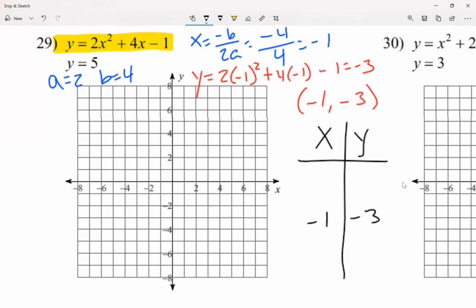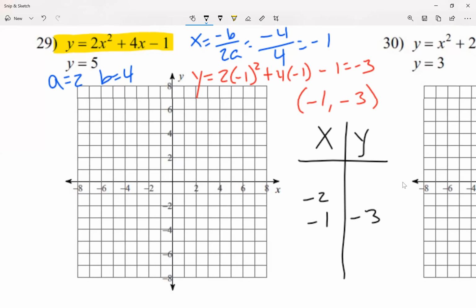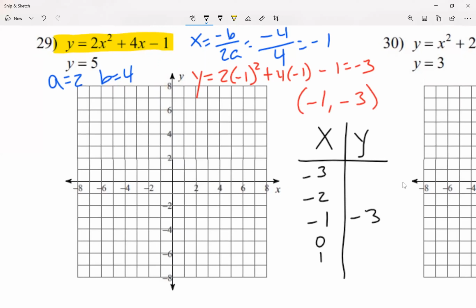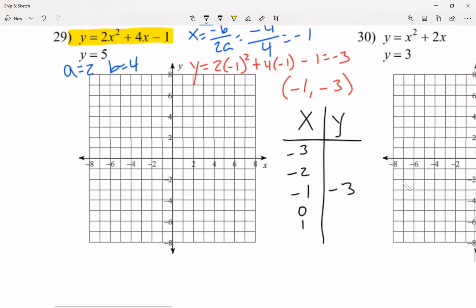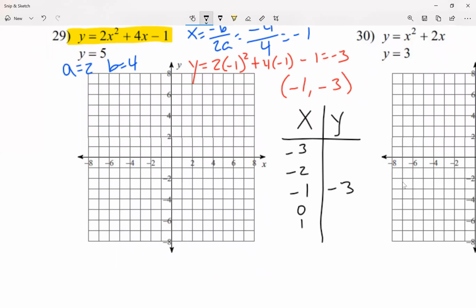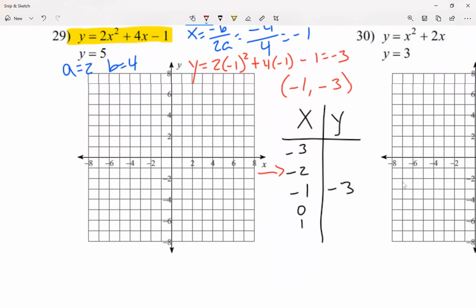Let me choose two values smaller than -1, so let me choose -2 and -3. Two values bigger than -1, so let me choose 0 and 1. And I'm going to find, using my formula, y is equal to 2x squared plus 4x minus 1. I'm looking at the y value of the two points, -2 and 0.